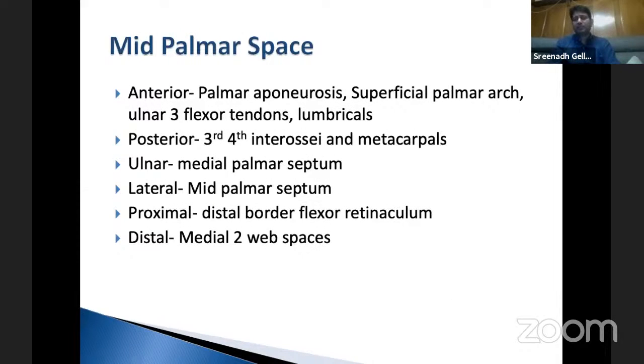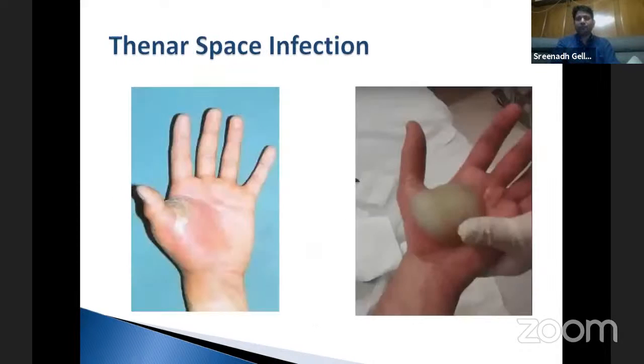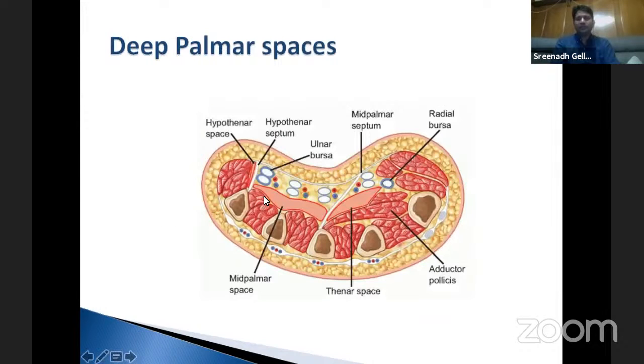So the mid palmar space, as we have shown before, this is the mid palmar space.